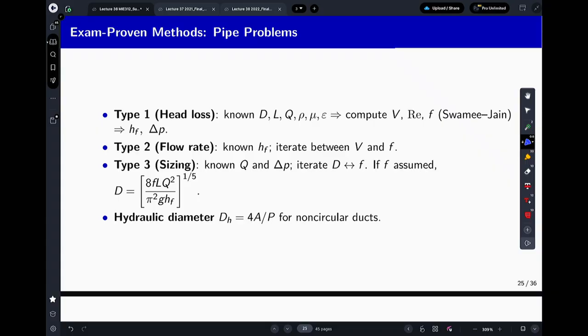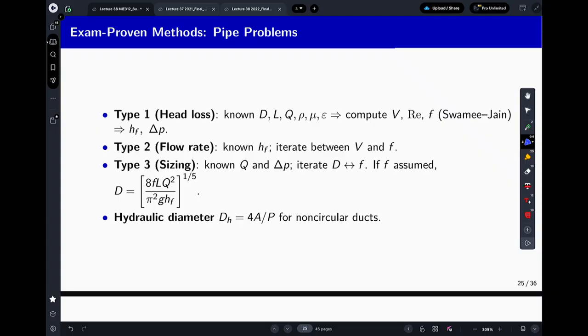Even in a type 1 problem, which does not require any iteration, I would still use the Haaland equation or Swamee-Jain, and then draw on the Moody diagram to say, here's how I got that number, so that you confirm this is correct. But you are absolutely allowed to do it whatever way you want. We do need the answer in the form we asked for.